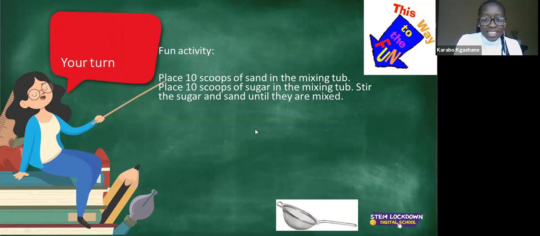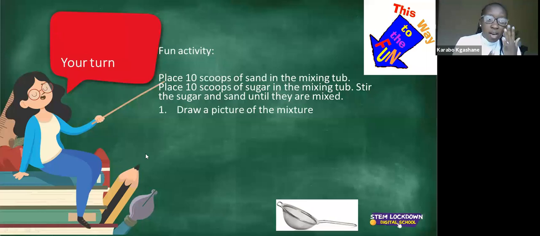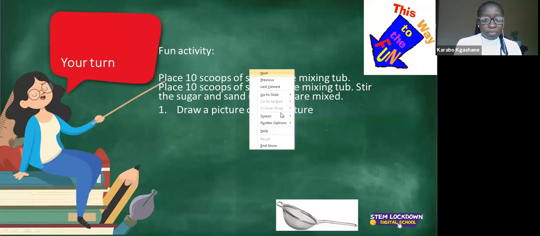Then I would like you to draw a picture of the mixture. I'm sure there are very, very good drawers in this video chat with us, and I'm sure you can draw a perfect picture of a mixture. Draw a picture of sand and the sugar.